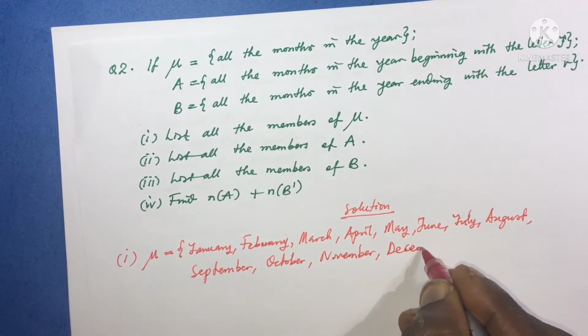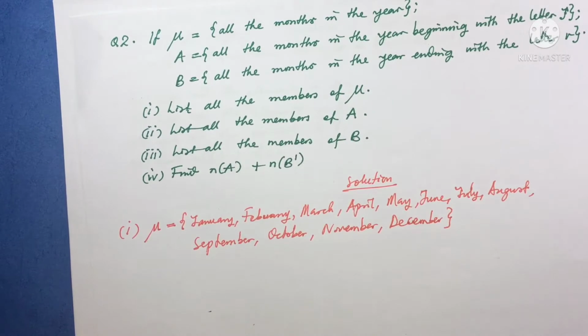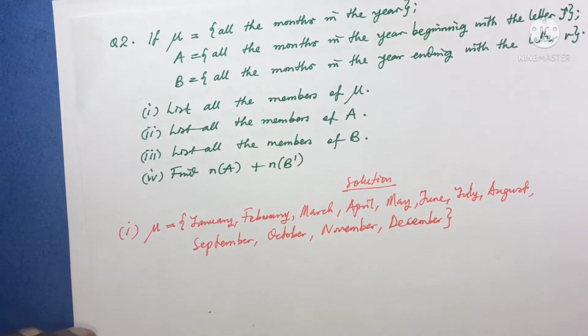So these are the 12 months in a year. So listing these elements describes mu, the universal set. Okay, and that answers question number 1.